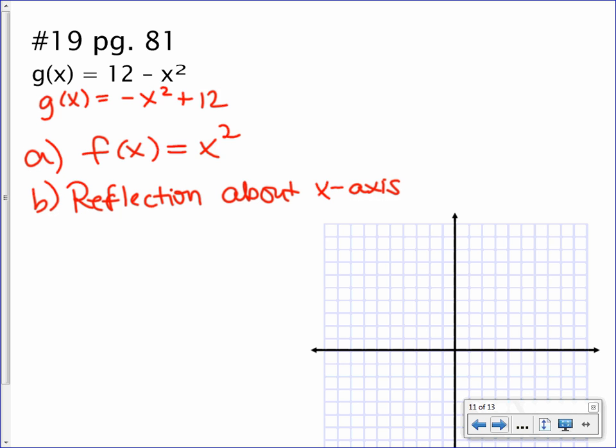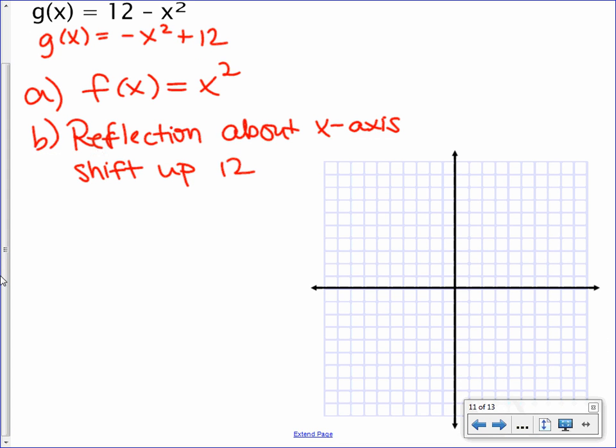Because it's affecting the y values. All right. This plus 12. Okay, we're going to shift up 12. So we know x squared, we know that's a parabola, right? You don't have to be super exact here. All right, I think I have enough room. Okay, so we're going to reflect our parabola upside down, and then we're going to shift it up 12.